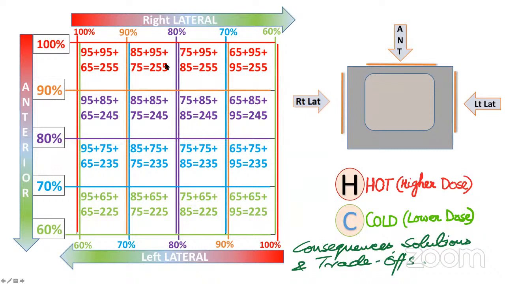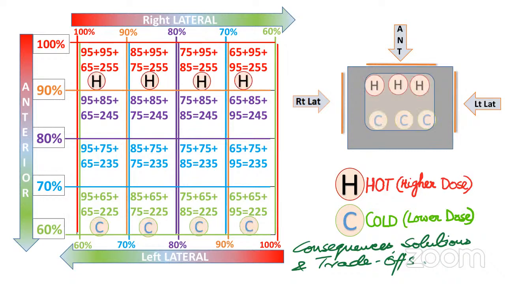As you combine the voxels, in the lowest part, this area, everything is getting 225. Here everything is getting 255, and in the center, it is between 235 and 245. So that is how the doses are combined: you will have the cold area posteriorly and the hot area anteriorly. So now you have understood.